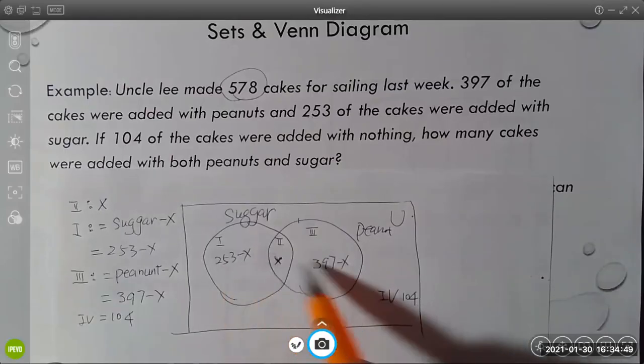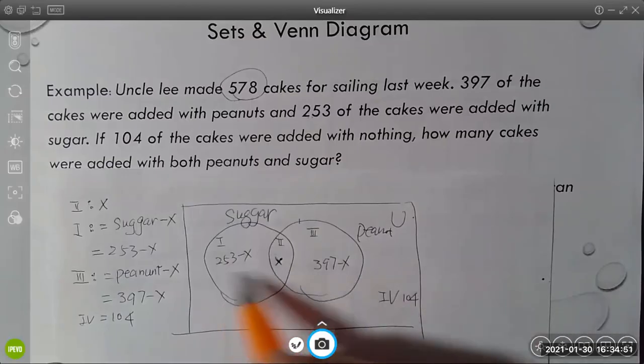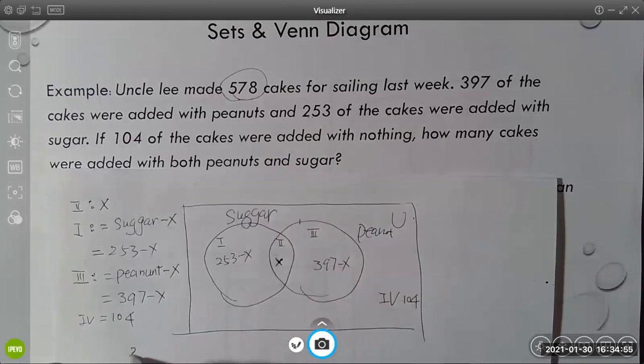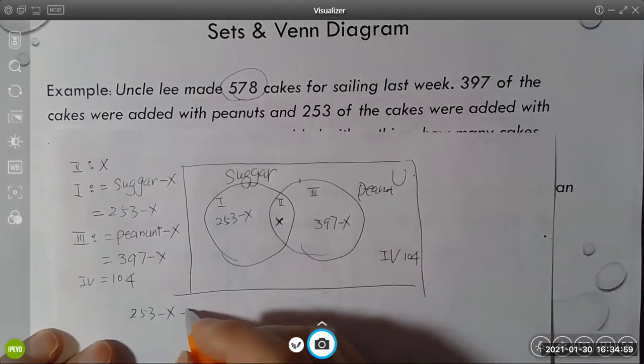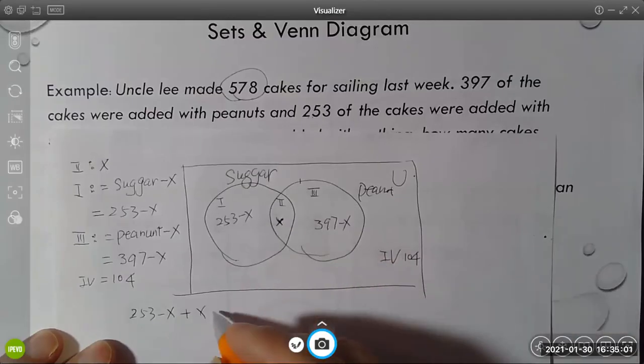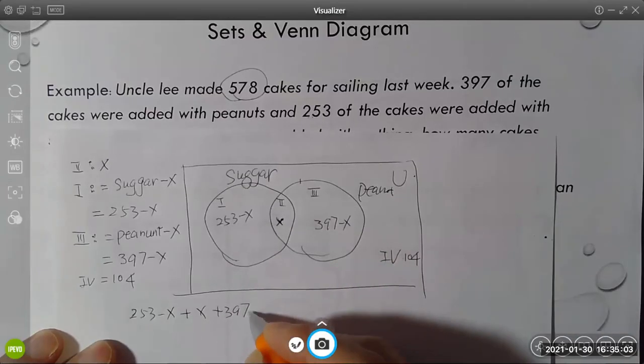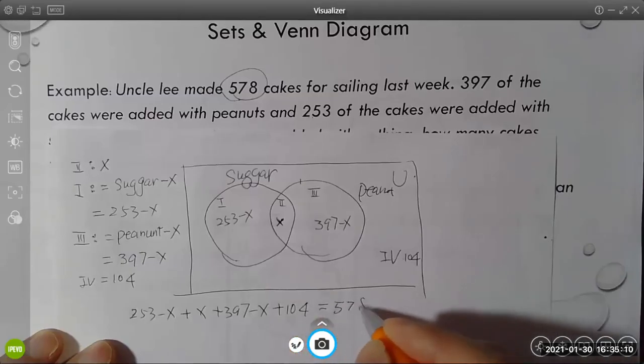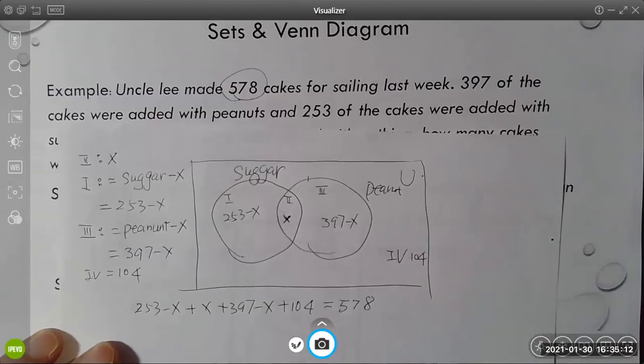Add them up, you're going to get the universal set. So let's do that: 253 minus X plus X plus 397 minus X plus 104. This will be equal to 578. Now we just need to solve this for X.